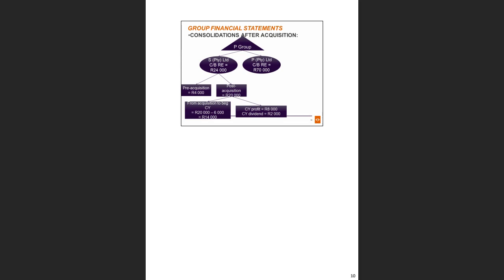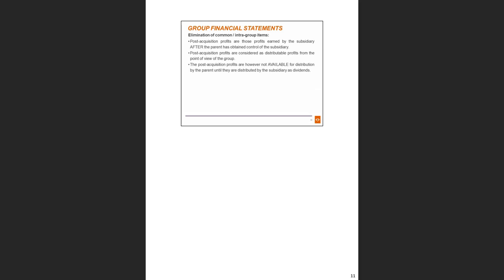We haven't got a scenario here. It's just to help you understand what our aim is. Our aim for our post-acquisition profits is to calculate our current year profits and that amount which relates to the profits from acquisition date to the beginning of the current year. Okay, so let's go to the next slide.